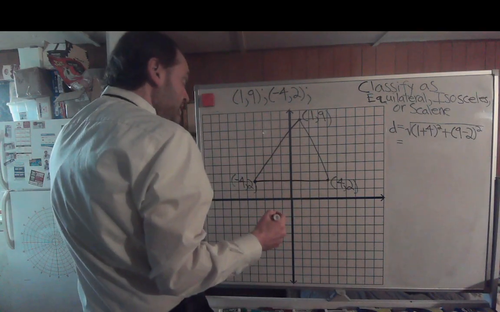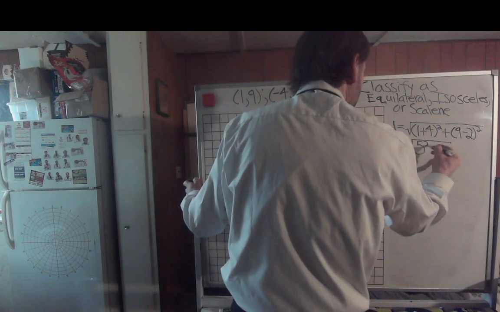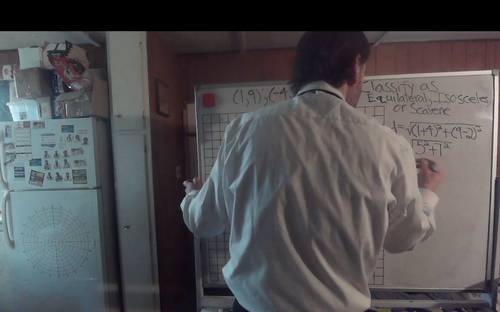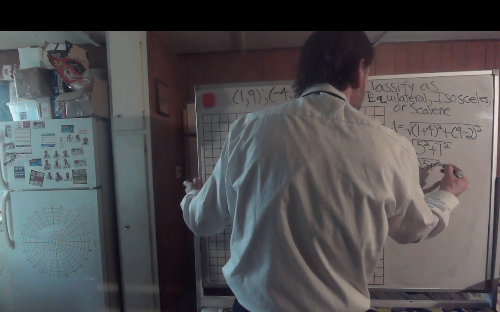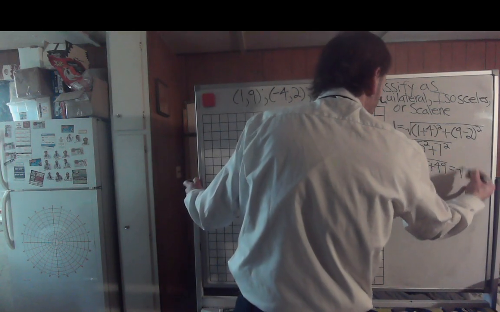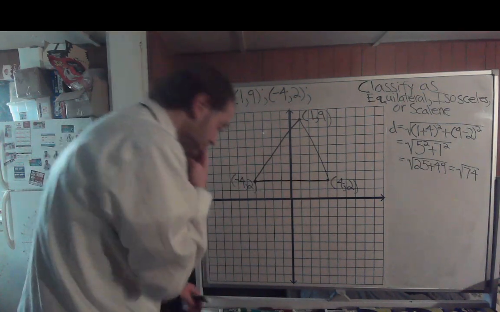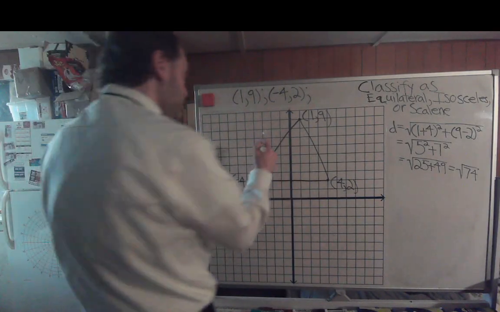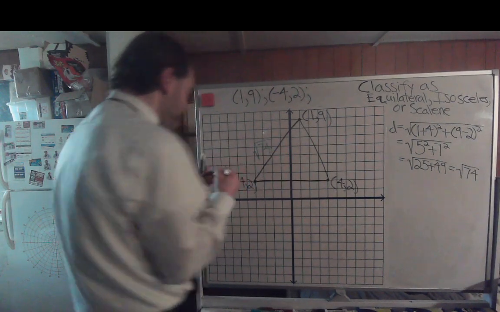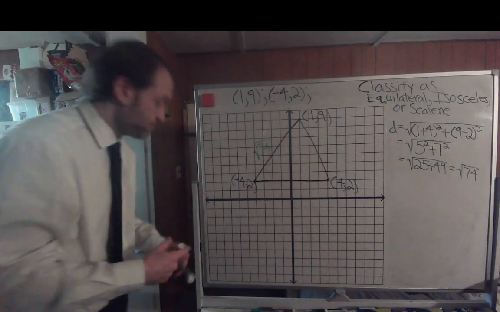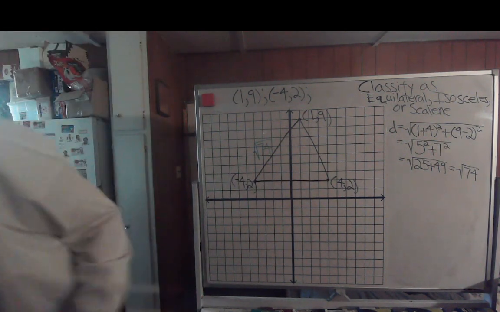So that's going to then equal, of course, the square root of 5 squared plus 7 squared, which would give me the square root of 25 plus 49, which just gives me the square root of 74 with no further way to reduce that. So I'm going to end up here with the square root of 74 for the length of this side. I got that right? Okay.